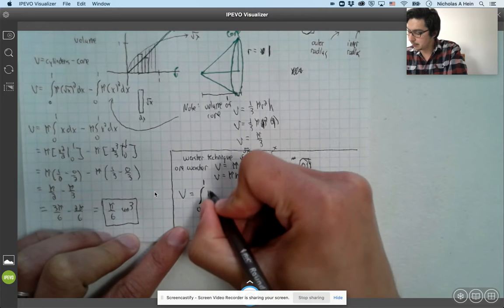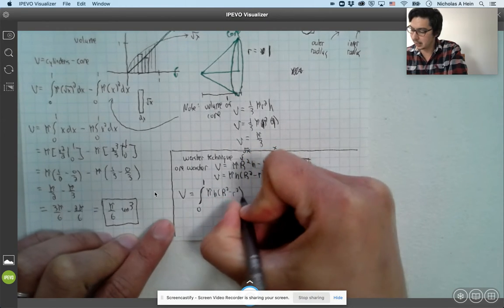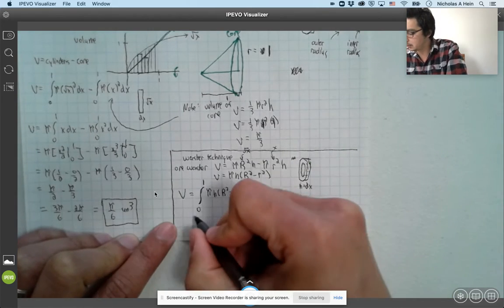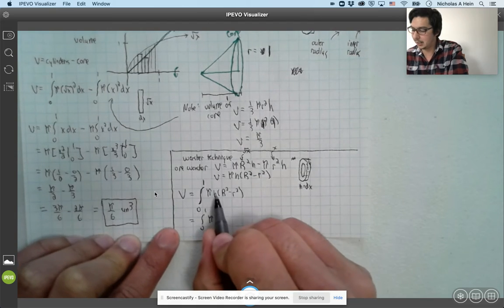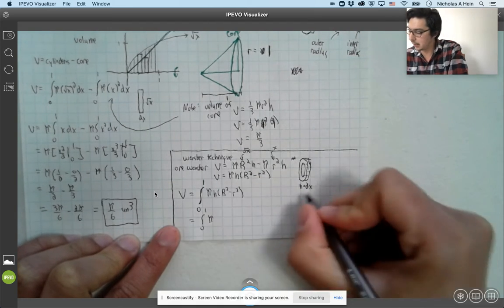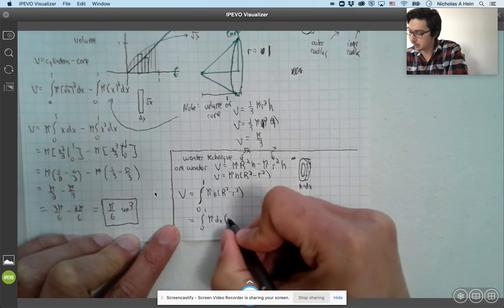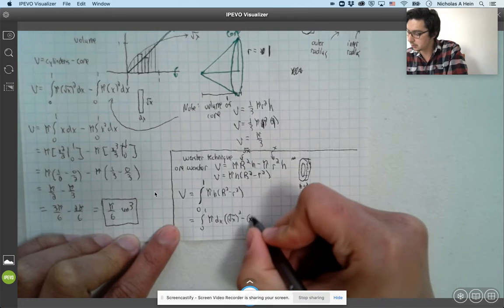Now, I can write it as pi h times R squared minus r squared. Now, let's plug in everything we know. What we end up getting here is the integral from 0 to 1 of pi. Now, what's the height? The height of this is dx. And then your outer radius squared is the square root of x squared minus your inner radius squared, which is x squared.